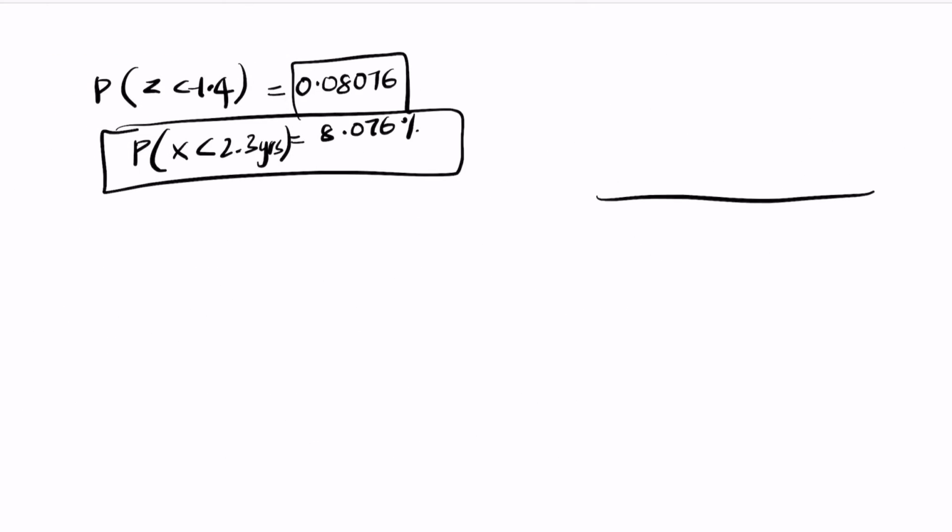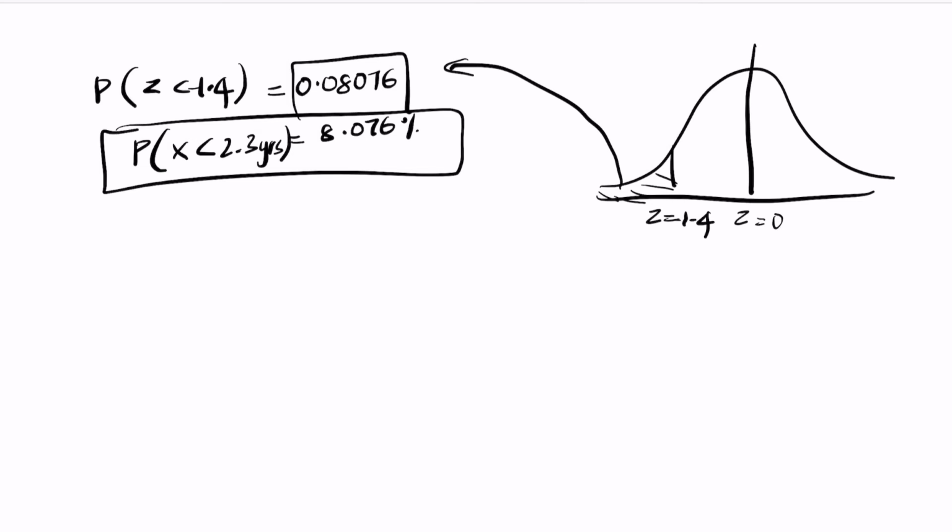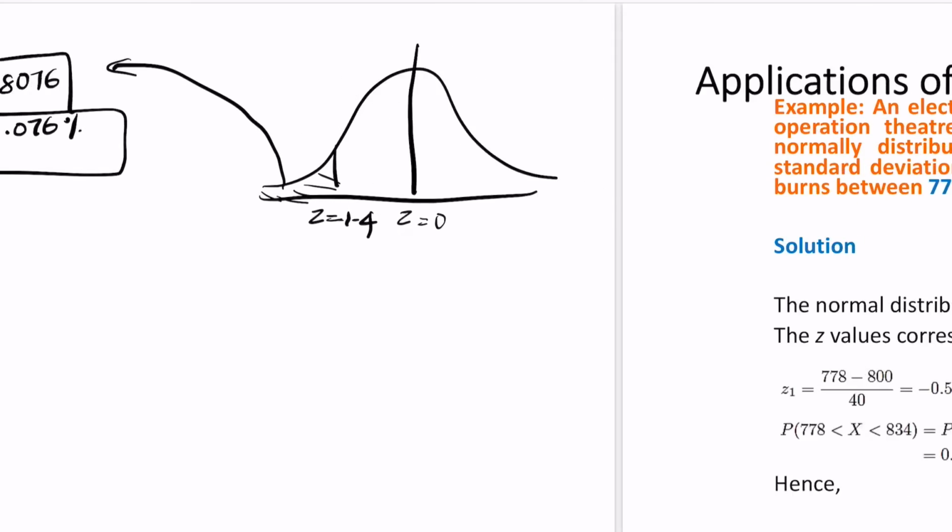If you draw it in terms of the standard normal distribution, this is the z value equal to 0, this is the z value that you have, 1.4, I'm sorry, minus 1.4, and this is the area that you found as this problem. So this is how we can convert and apply normal distribution into the general problems.